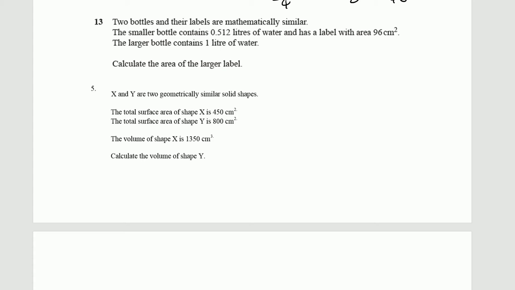So from the smaller bottle to the larger bottle, I'm getting a volume scale factor that I can work out. If I do 0.512 divided by 1, I'm getting the volume scale factor from the larger one to the smaller one.